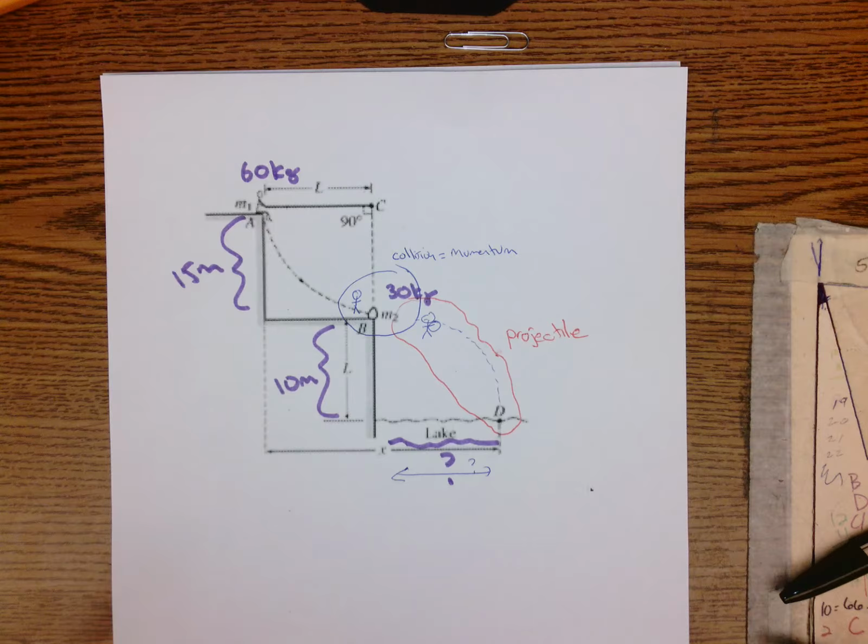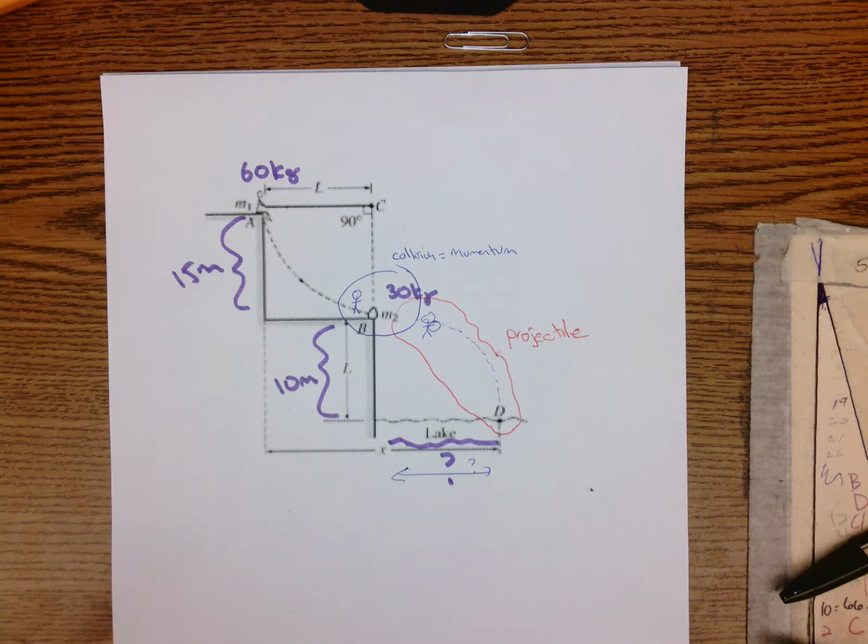Now, there's no doubt when you first look at this problem, it is a very intimidating looking problem. There's a lot of stuff going on. So what you need to do is really focus on what do you know. So for instance, I can look at this problem and be like, well, I'm scared, but this part of the problem when you're flying down into the ground, that totally looks like something I've done before. That looks like a projectile problem. And I can be like, hey, look, there's a collision in this thing.